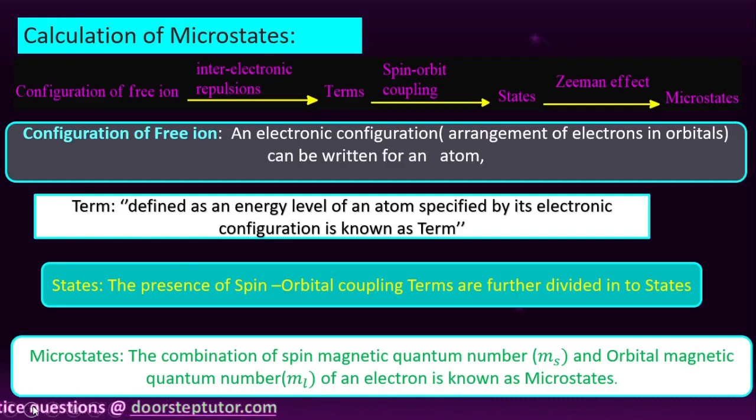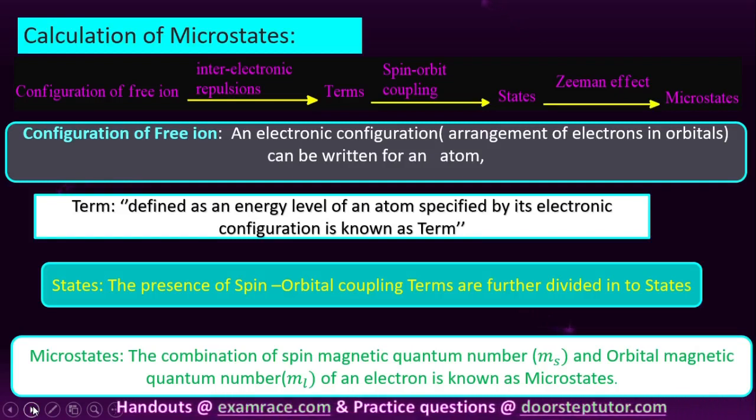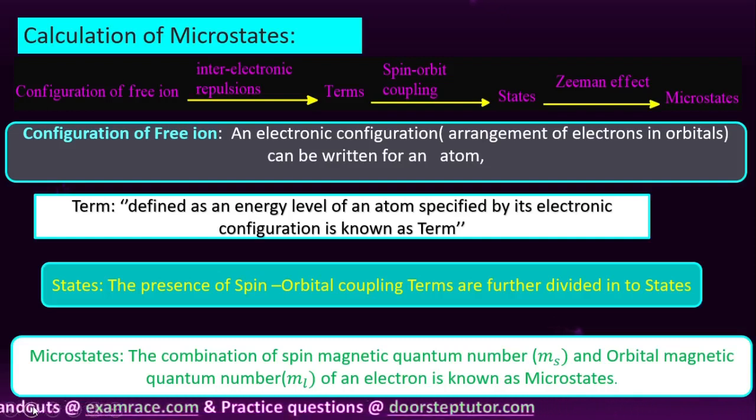These states further split into microstates in the presence of the Zeeman effect. In the presence of the Zeeman effect means, student, in the presence of a magnetic field. The microstate is the combination of the spin magnetic quantum number ms and the orbital magnetic quantum number ml of an electron.